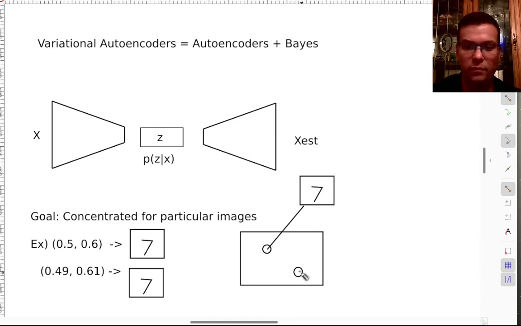And then maybe in a different region of the space, that's a 5. Maybe the 5 is most likely right in the center of that region, but if I move a little bit, then I still get that 5.